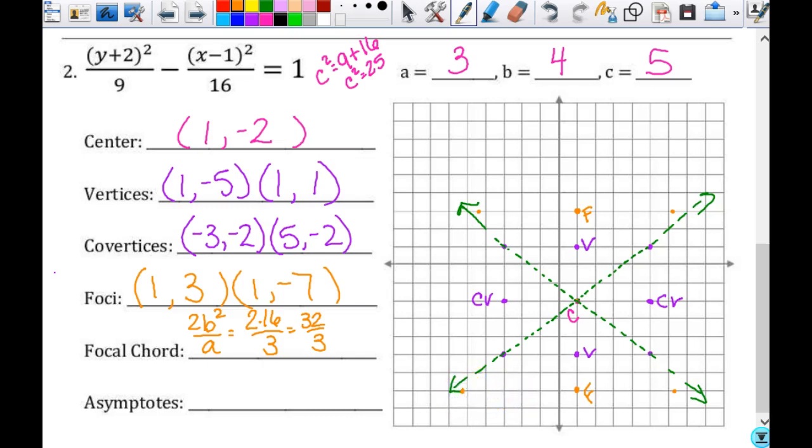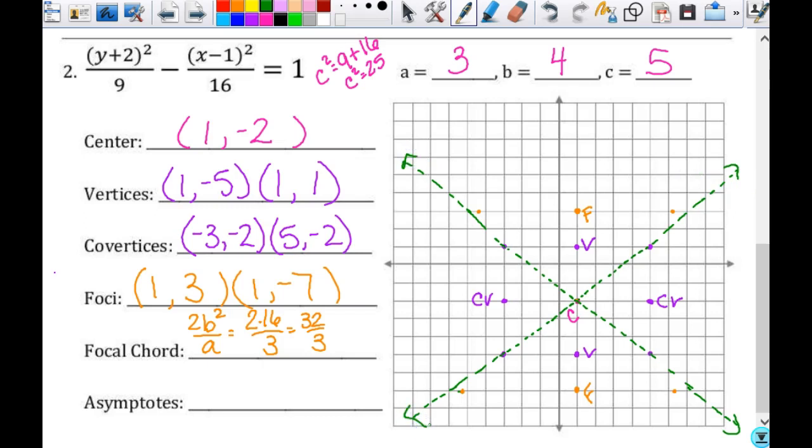And I realize now that I probably should have made my asymptotes a little bit longer so that I have something to hug as I draw it. So I'm going to extend mine a little bit. And they're lines, so we want arrows on them.